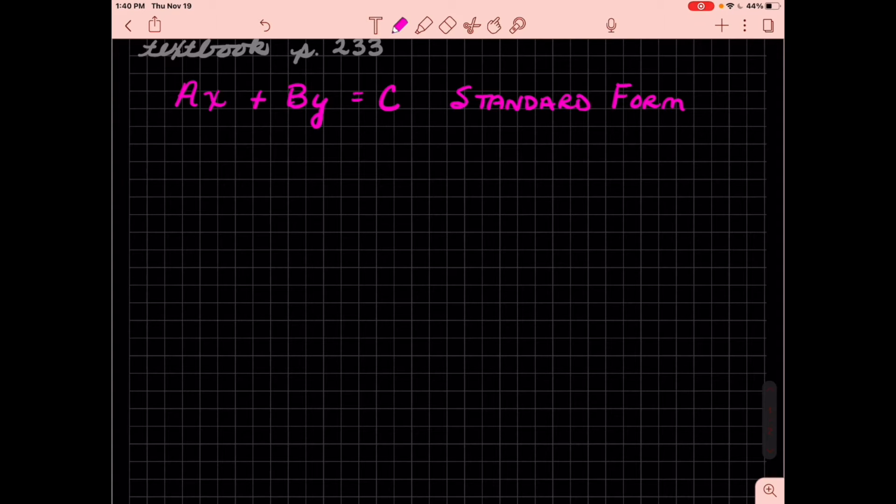The A and the B don't really tell us any definite, specific information. And so if we want to use this form of the equation and graph it, we really need to find the x-intercept and the y-intercept, which we can do by plugging in 0 for x, getting the y-intercept, or plugging in 0 for y, getting the x-intercept.